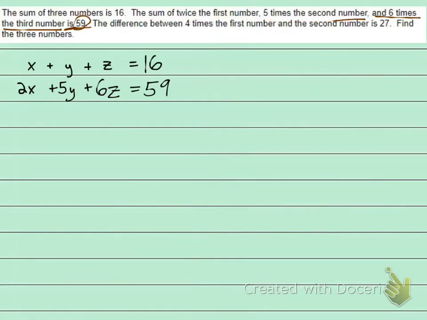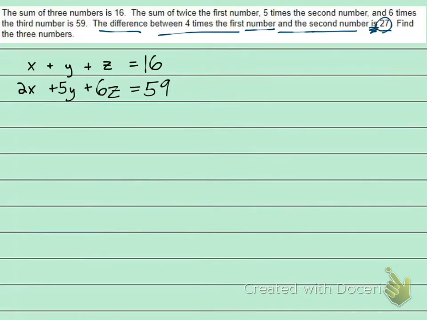Let me erase this brown stuff. All right, last equation. The difference, which means subtraction, between 4 times the first number and the second number is 27.